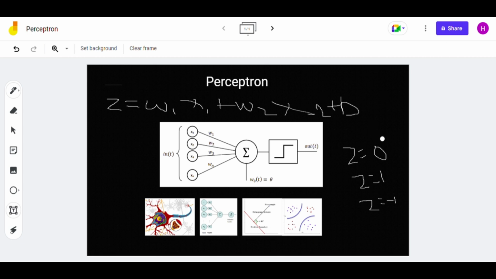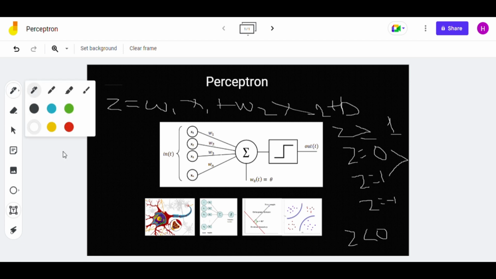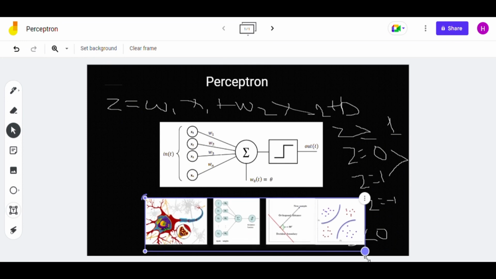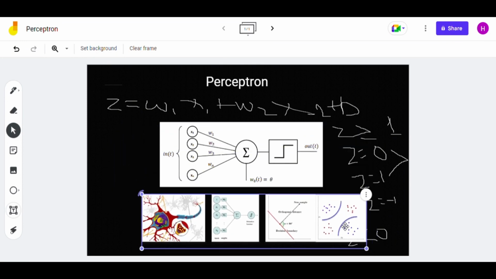What happens is that if Z is greater than or equal to 0, we call it 1. If Z is lesser than 0, then we call it a 0. Let's say we want to predict a picture, like as shown, in which we want to predict two classes of red dots and blue dots.